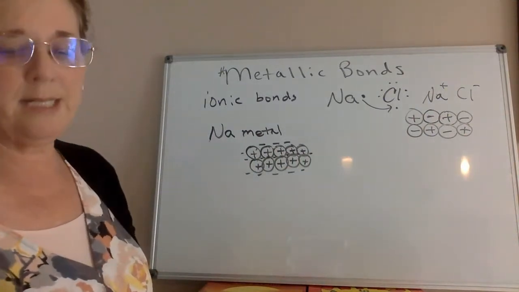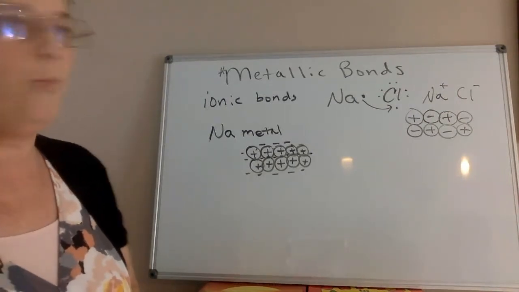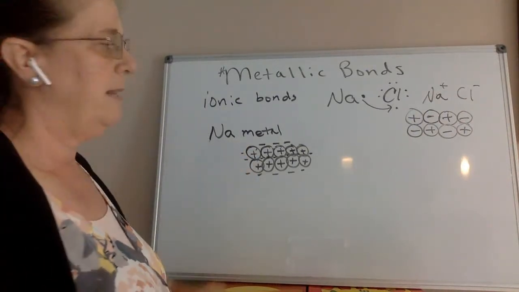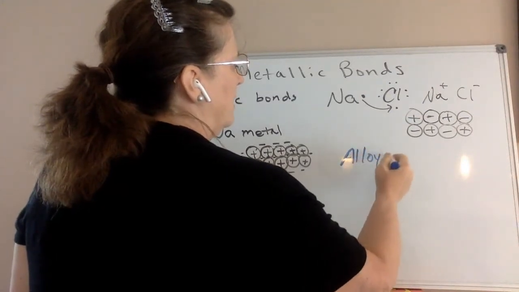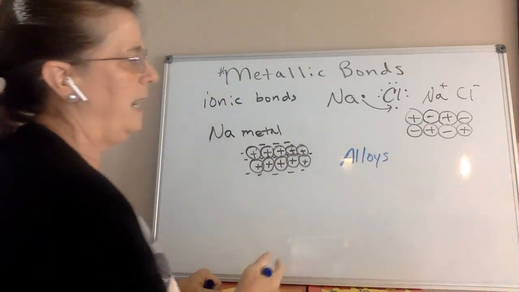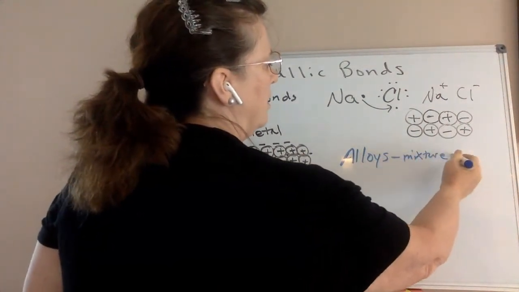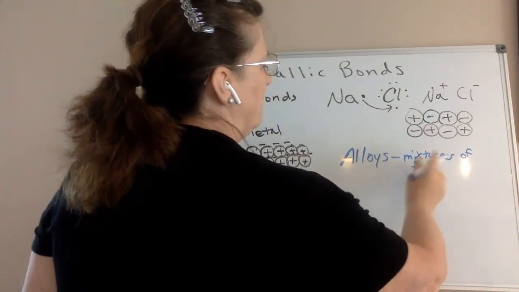But the two things that I want you to be aware of with metallic bonds is that when we mix different metals together, they're not chemically bonded. They're a mixture, and we call that mixture an alloy. So there are alloys, and alloys are just mixtures of metals. So they can be separated by physical means.